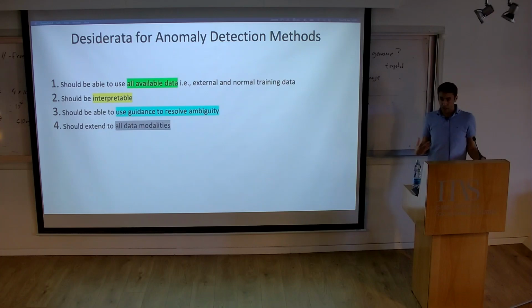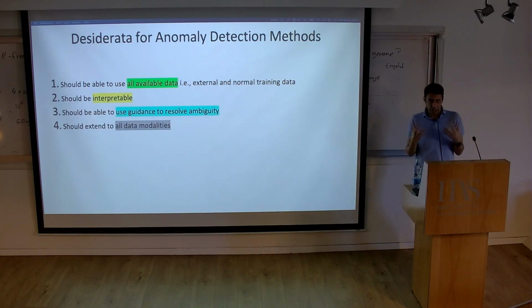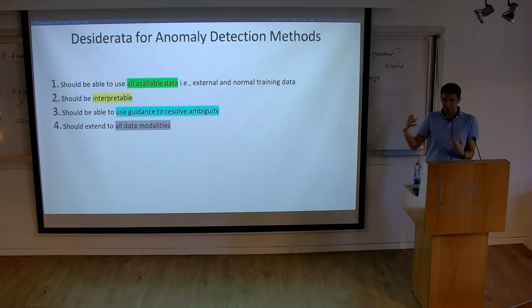So here we've just shown 2 different settings. One, we use some sort of self-supervision on our normal training set. We use that to learn a representation, and then we do KNN on that or something like this. The other approach that we proposed is to take an off-the-shelf representation and use it in order to perform anomaly detection.